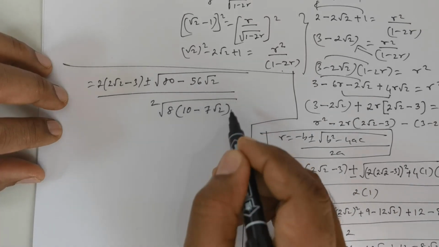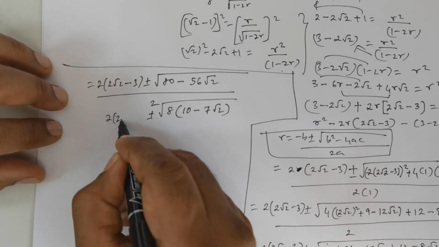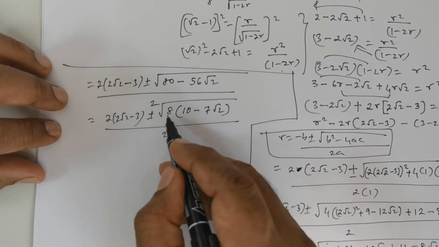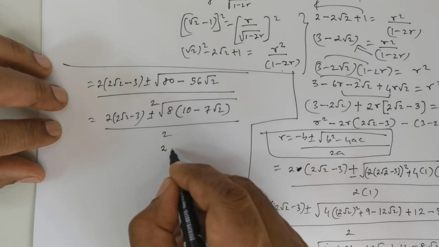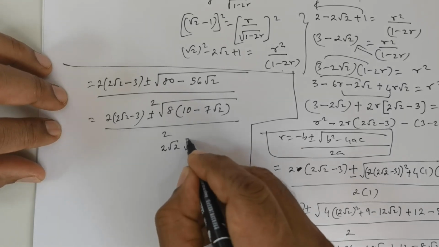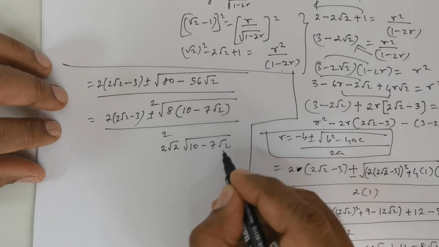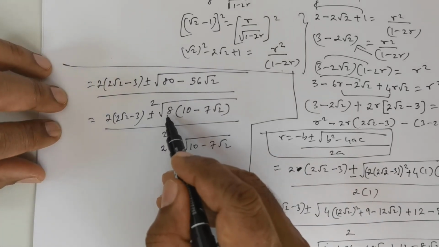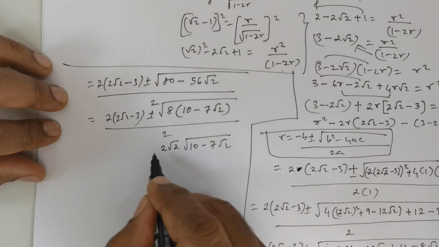And you apply the square root, you have plus or minus, you got 2 times (2 root 2 minus 3) divided by 2. So 4 times 2, so this is going to be 2 times, I'm going to write it as root 2 times root of 10 minus 7 times root 2, right? 8 is 4 root 2, or root of 4 times 2. So that's going to give me 2 times root 2. So that's the value that I have got here.